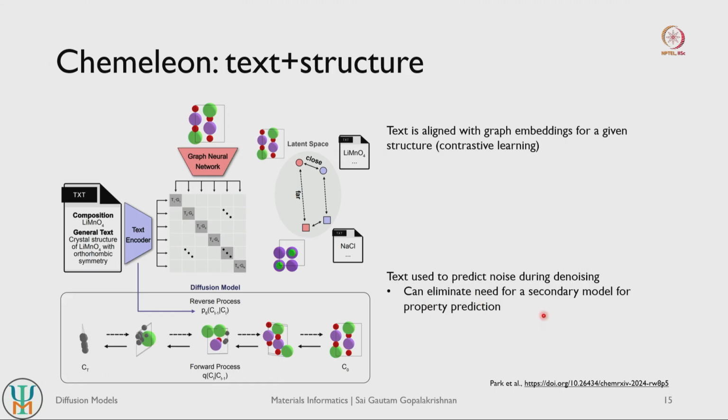But in principle it can be extended to make sure that we do not require additional models to evaluate the structures that are being generated, and we can build in a higher degree of confidence in whatever structures we generate, because it uses text as a guide or a constraint during the denoising process.